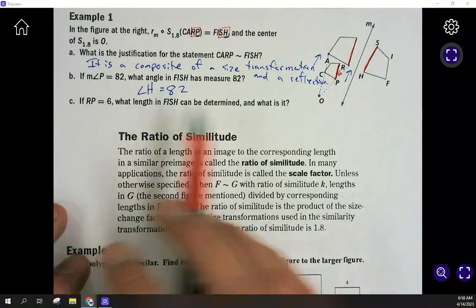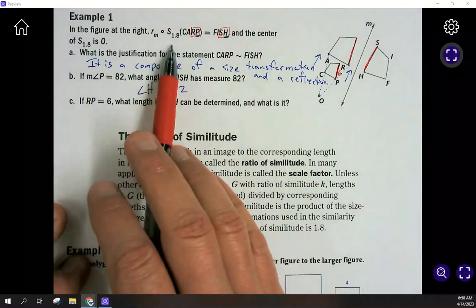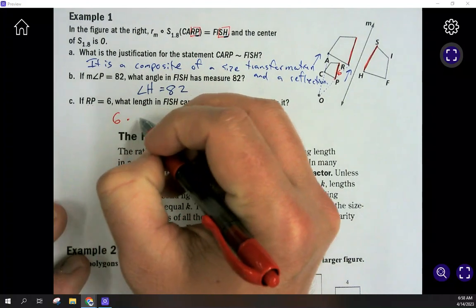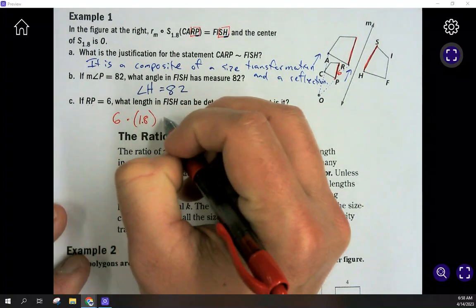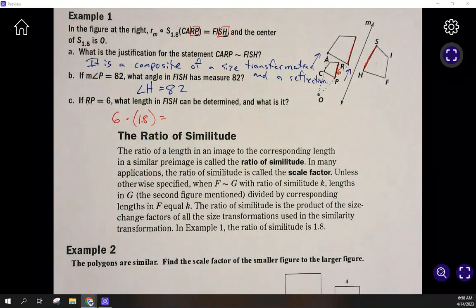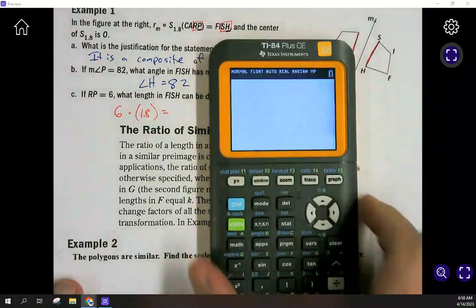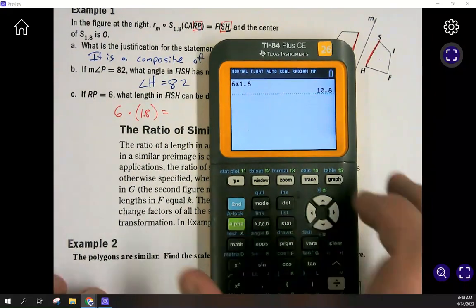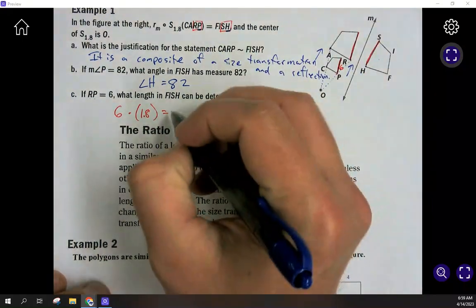If it was 6, it's only undergone one size transformation. It was multiplied by 1.8. So all we're going to do is 6 times 1.8, and that is going to give us that new distance right there. So 6 times 1.8 is 10.8.